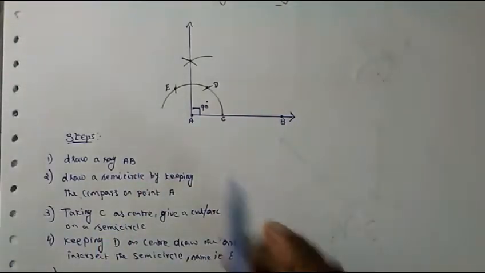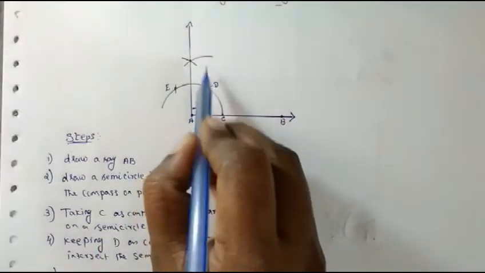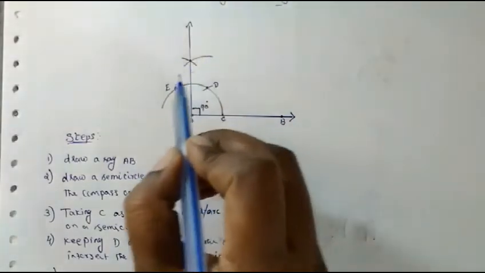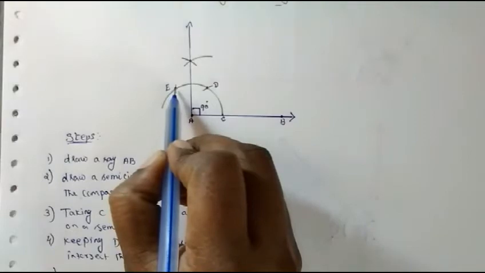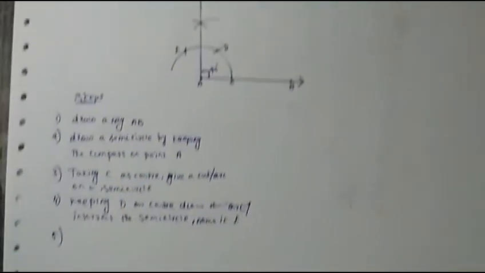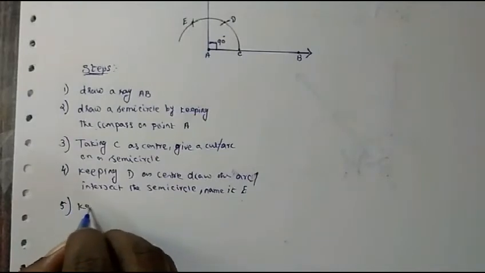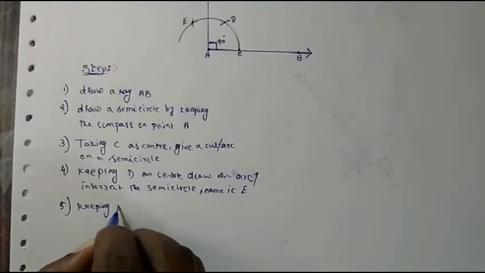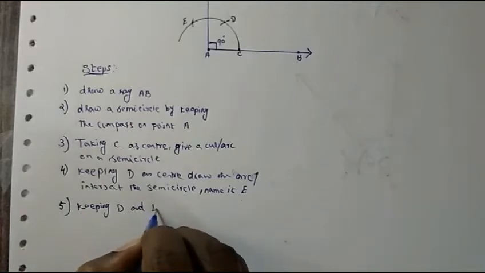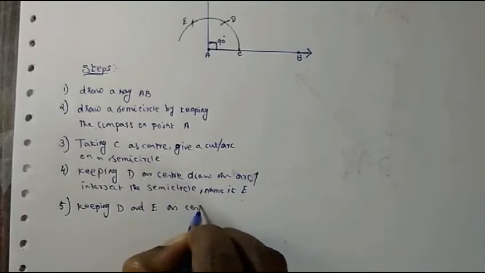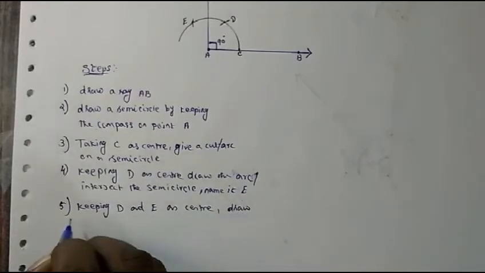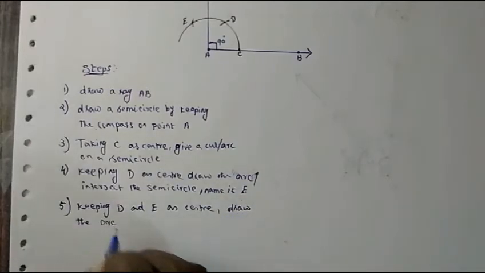Now what we did, we kept the compass on point D and drew another arc, and then kept our compass here and intersected that arc. So write down that. Now keeping D and E as center, we draw the arc.